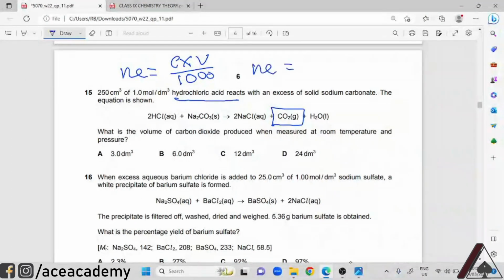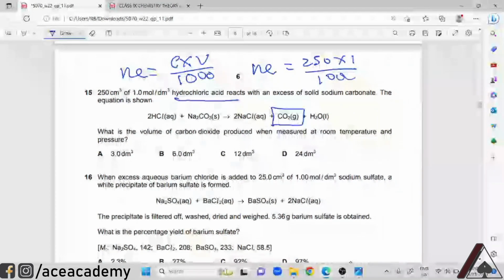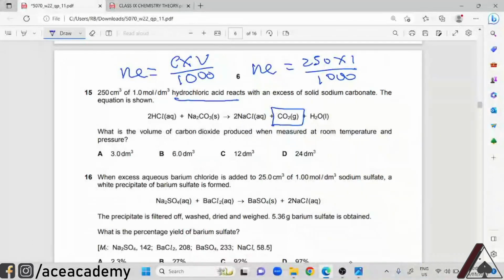So the mole is 250 multiplied by 1 divided by 1000, and we get 0.25.